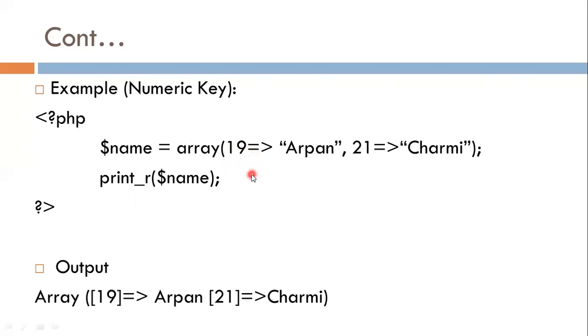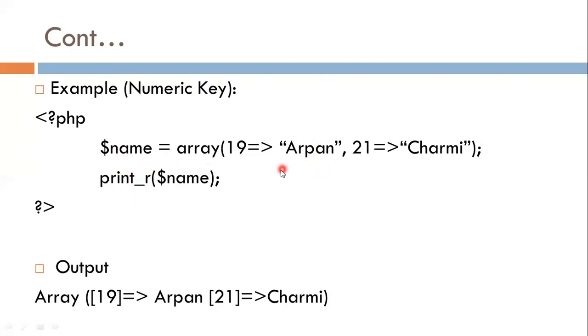Here I use the key as an enrollment number. So the enrollment number of student Arpan is 19, for example. Then 19 is a key and the student name Arpan is a value. Second student is Charmi, which is a value, and 21 is a key. So each and every key is associated with a particular value.